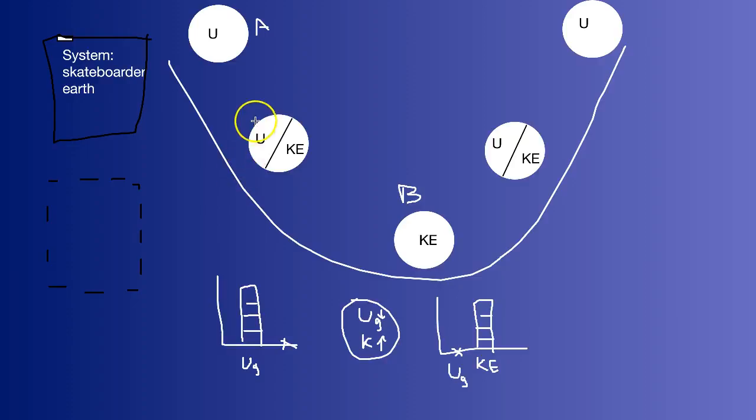So if we were going to do another chart for this point right here, instead of going from 4 to 4, we would go from 4 for gravitational potential energy to, at the end, split 2 and 2 for gravitational and kinetic at this point right here. Okay, and over time, the boxes are getting moved from here to here, stacked up onto there, and then when we get to this side, they're being moved back over.